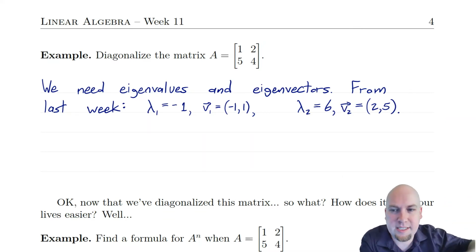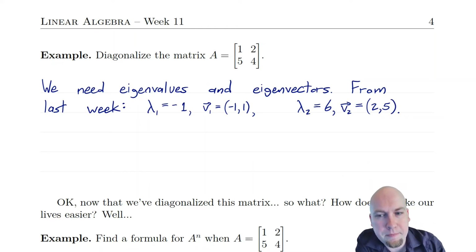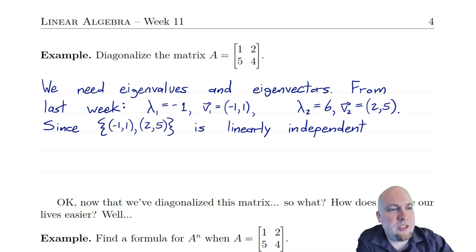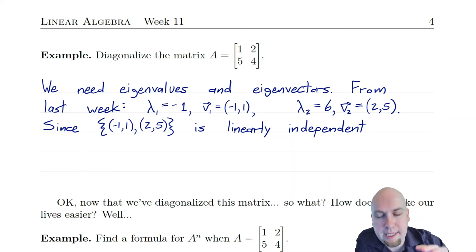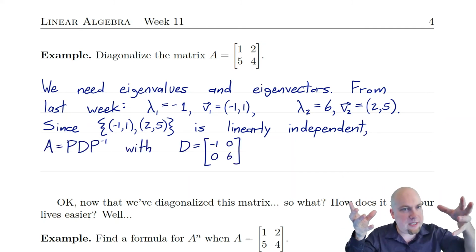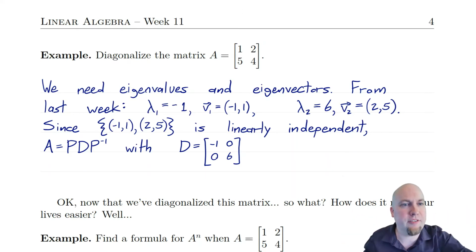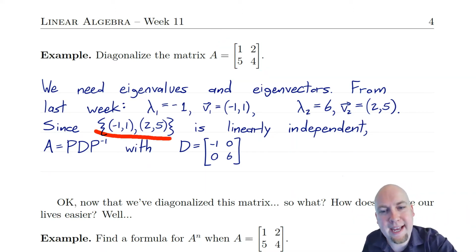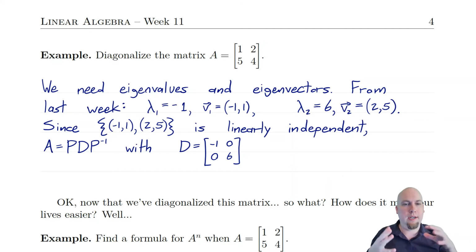So just pick some eigenvector for each of the eigenvalues. Now, the point is, when we pick these two eigenvectors, -1, 1 and 2, 5, that forms a linearly independent set. So great, the matrix is diagonalizable because I found a set of eigenvectors that's big enough. This matrix is 2 by 2. I need a set of 2 eigenvectors that's linearly independent, and I've got it.